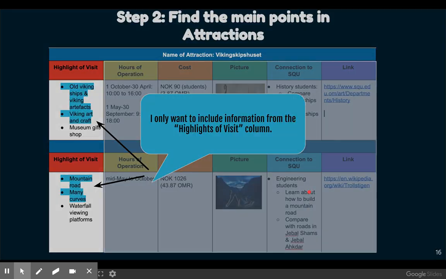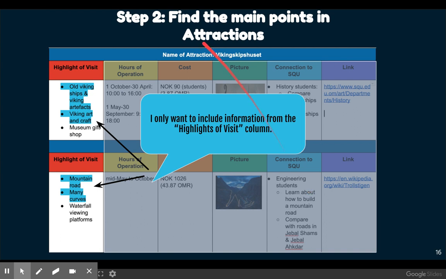So the next step, after I found the information in my destination overview that I want to include, is to find the main points in the attractions section. And again, I'm only going to be focusing here on the highlights of the visit because, again, my proposal is just that.